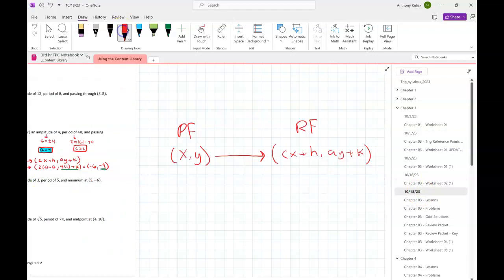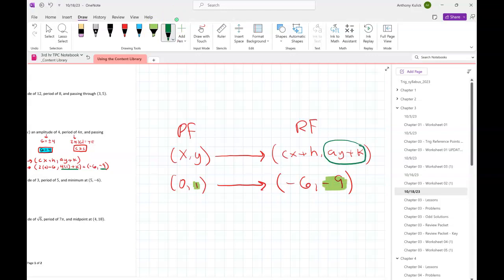So we have the point 0, 1 as a parent function. And that is turning into the point -6, -9, our resultant function. We're trying to figure out now how 1 is turning into -9. Well, it's doing that by doing a times y plus k.